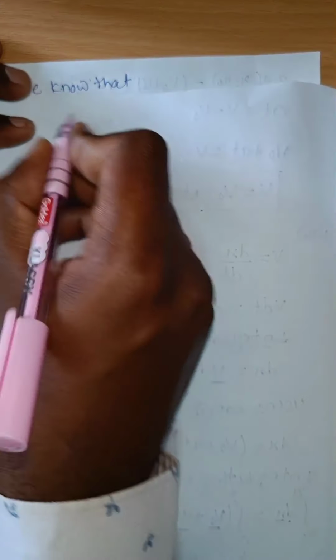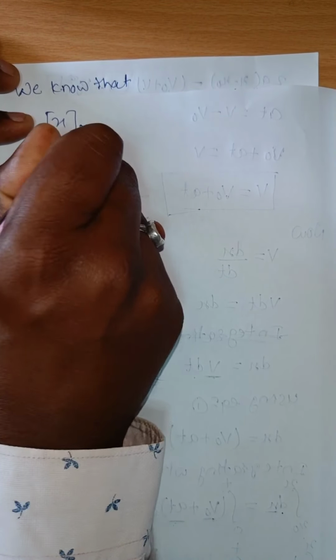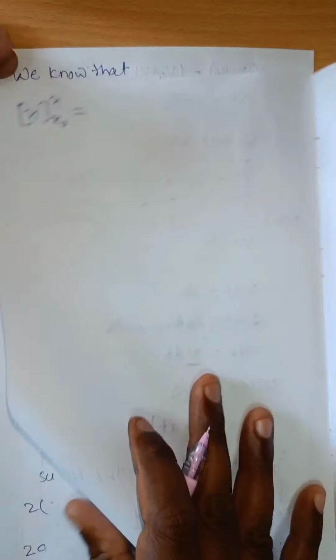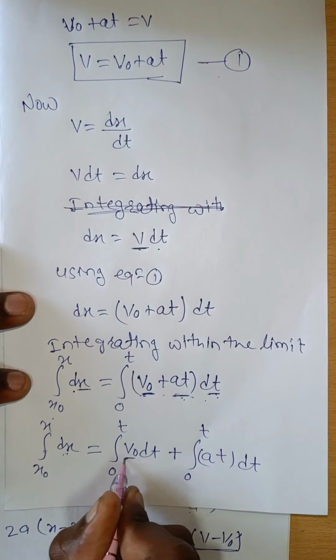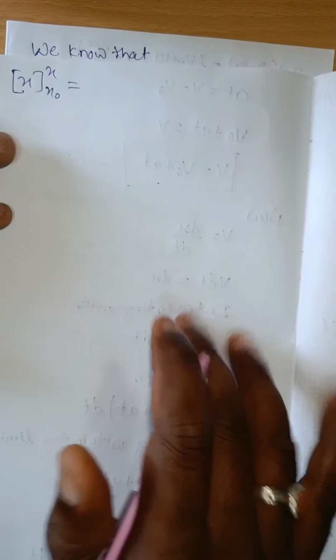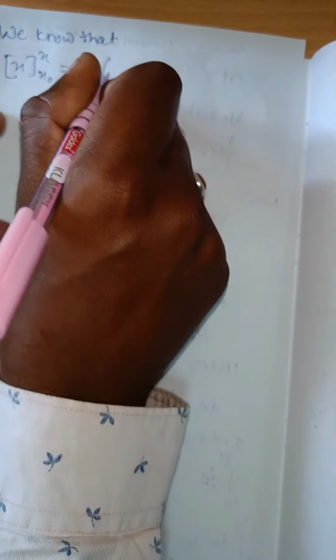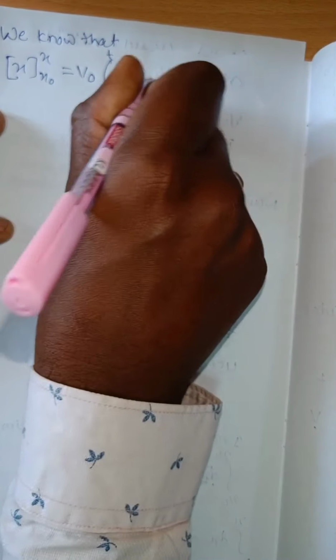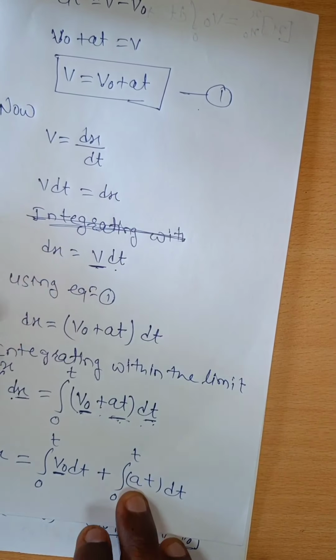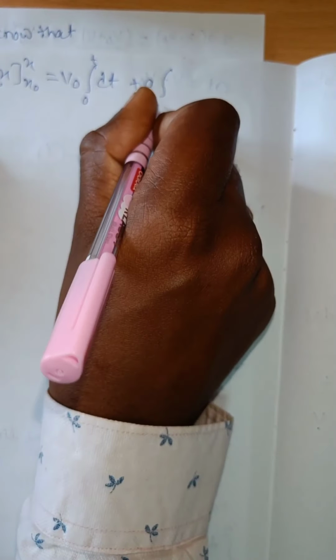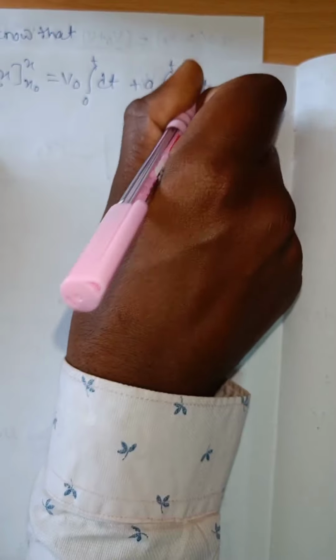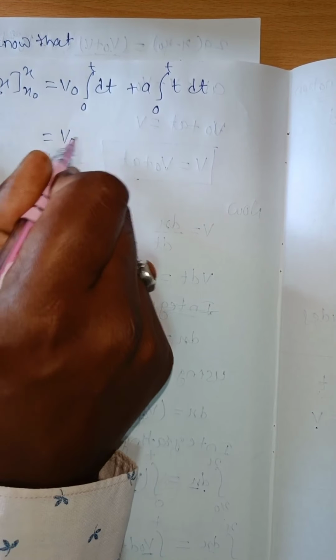Therefore x having lower limit x naught, upper limit x, is equal to, since v naught is constant, taking it outside, v naught into integration of dt within the limit 0 to t, plus a, since a is constant, taking it outside, a into integration of t dt with limit 0 to t.